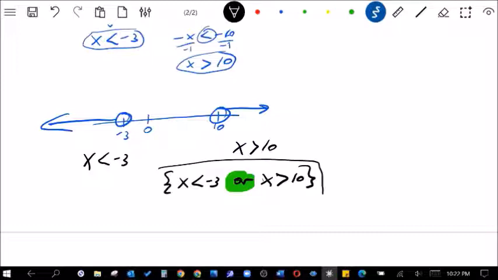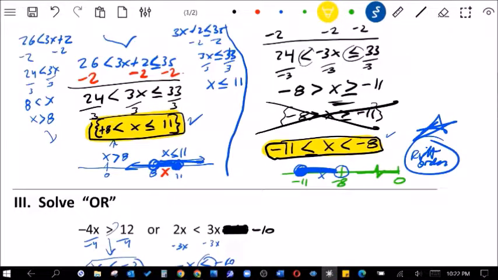So let me do this one. So notice the difference in the answers.